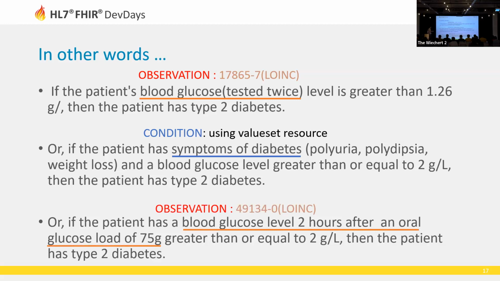I think this could also be an observation that was not highlighted. But basically, the first step is to translate those concepts into which FHIR resource I will use to represent blood glucose level. So that's the first step. Here we have observation, condition, and another observation.